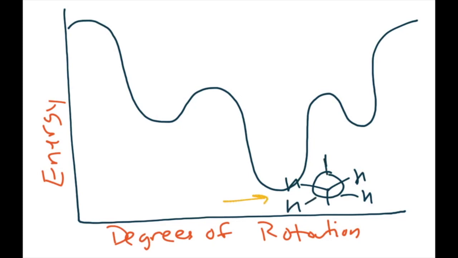So this is anti-staggered. Now, the next conformation up in energy is the eclipse conformation. Well, that one got really ugly really fast.